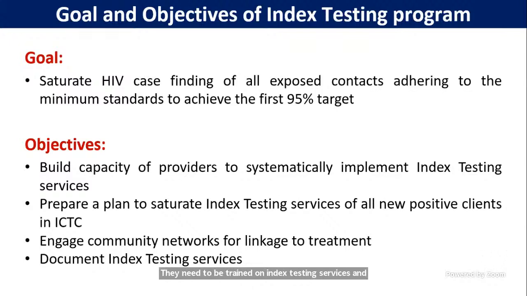All the facilities where PLHIVs visit, and people under the national risk control program, need to be trained on offering index testing, and then subsequently we can implement index testing from those sites. At the same time, we should engage community members, which will be supportive for improving our linkages to treatment and prevention services. And we need to document whatever we are doing under the index testing service. That documentation needs to be there. Next, please.